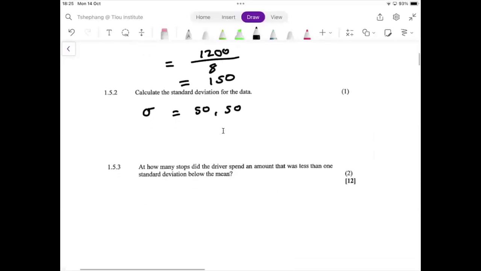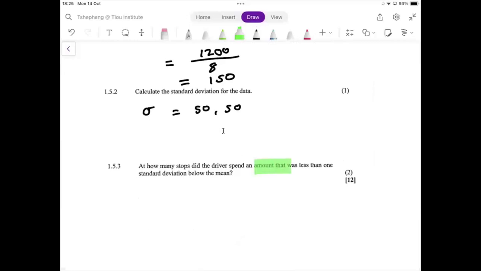Okay, moving on. At how many stops did the driver spend an amount that was less than 1 standard deviation below the mean? So that's very important. Let's interpret that mathematically. What does that even mean?